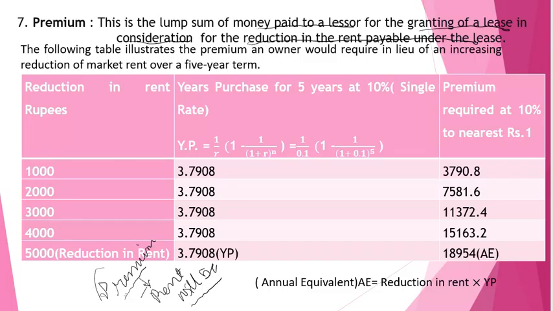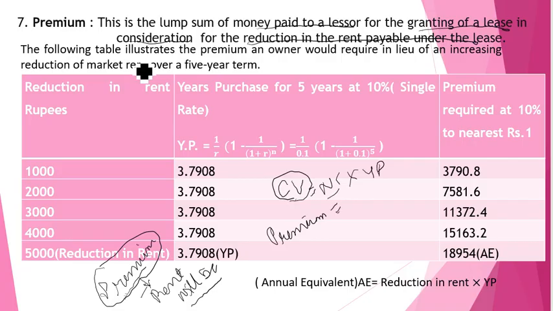This premium is basically assumed to be equal to the capitalized value, which is net income into YP. Here this capitalized value will be equal to premium. So we will replace capitalized value with premium, and net income we will call annual equivalent, that is, how much rent annually.